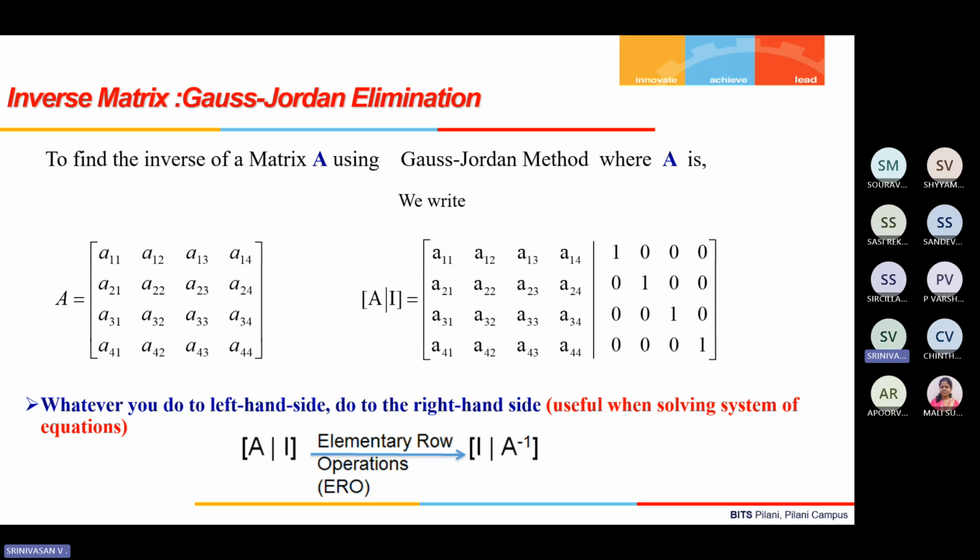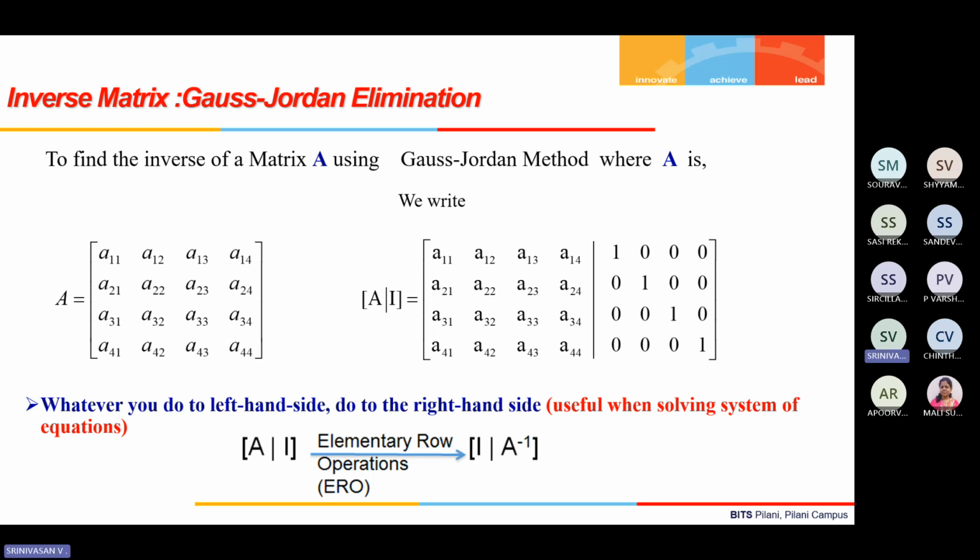Inverse matrix by Gauss-Jordan elimination method, or simply Gauss-Jordan method, as it is named after the two famous mathematicians, Gauss and Jordan. So what is Gauss-Jordan method?